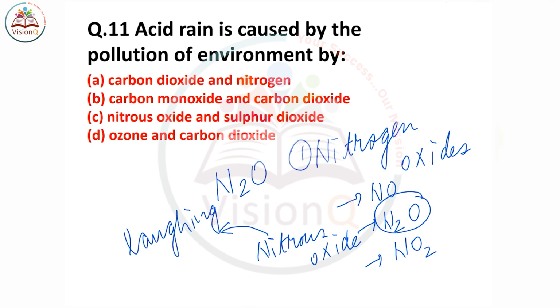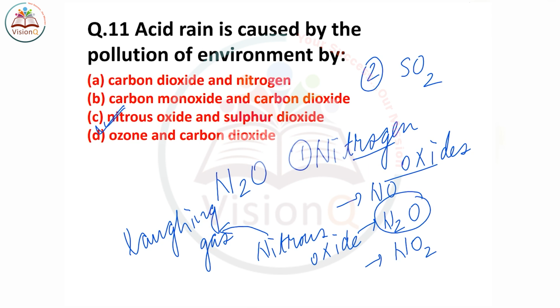The common name of this nitrous oxide gas or N2O is laughing gas. Now acid rain is caused by nitrogen oxides, and secondly sulphur dioxide, symbolically SO2. The right answer will be option number C, nitrous oxide and sulphur dioxide.